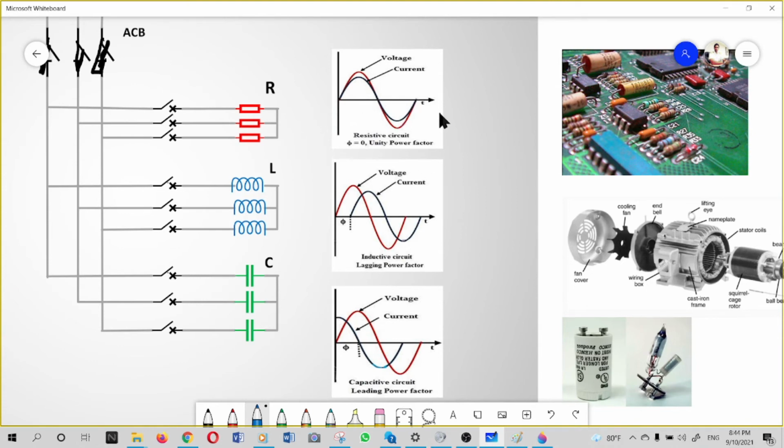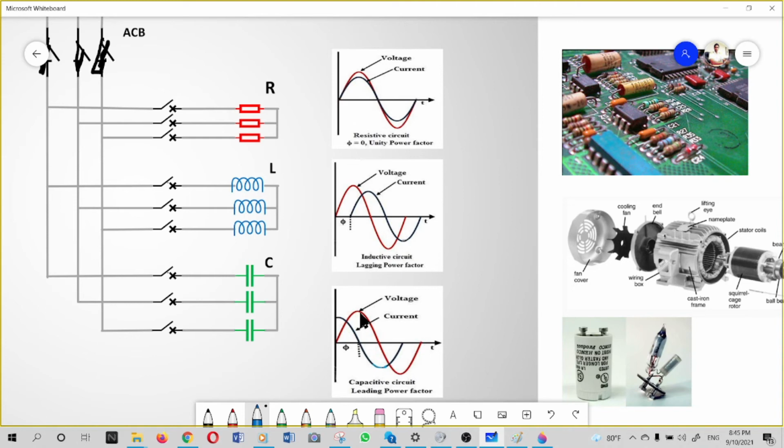In resistive loads, the voltage and current are always in phase. You can see both of these lines are in the same phase. In inductive load, the current will always lag the voltage by 90 degrees. In capacitive load, the current will lead the voltage by 90 degrees.